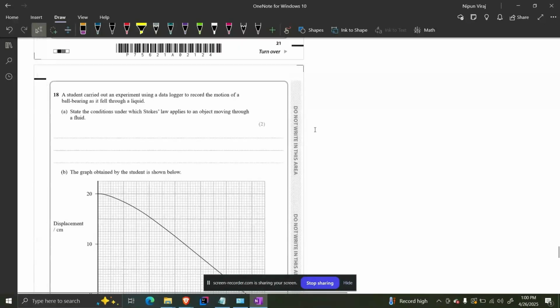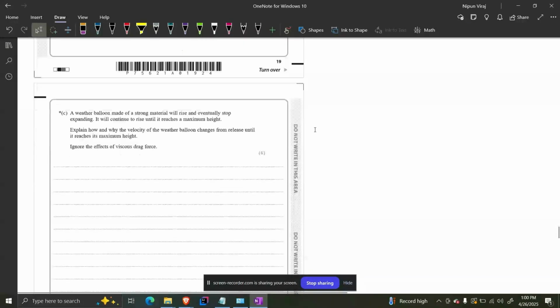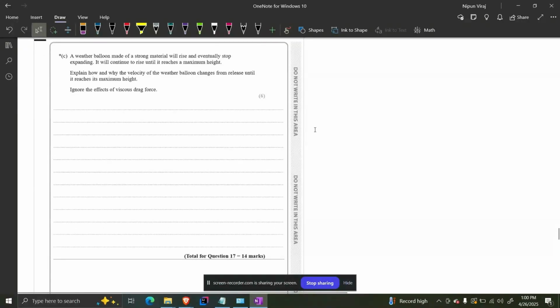In the C part, they question whether a balloon made of a strong material will rise and eventually stop expanding. It will continue to rise until it reaches a maximum height.